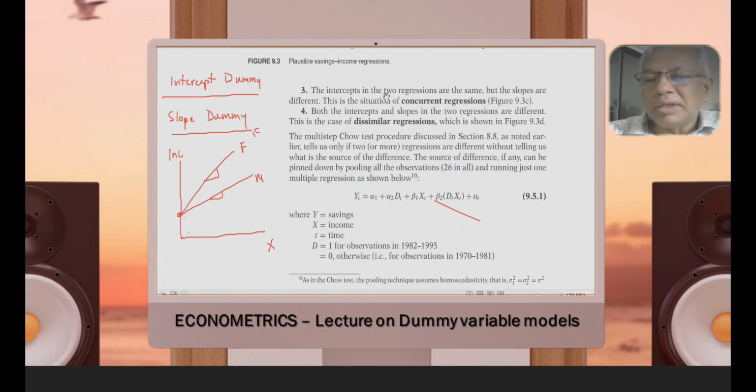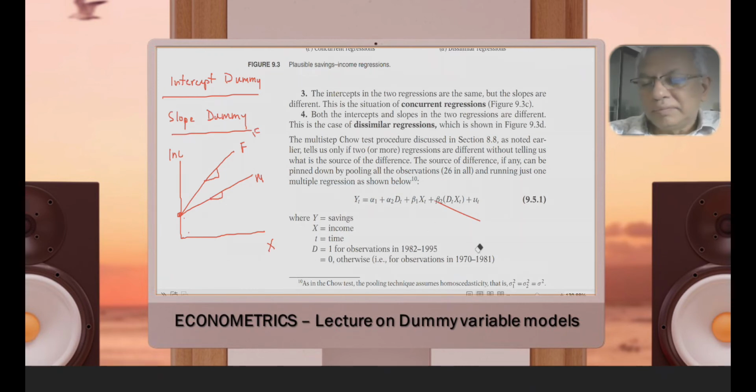We have a model. How do I create a slope dummy? The answer is very simple. We have the same alpha here. Let us not worry about this for now.